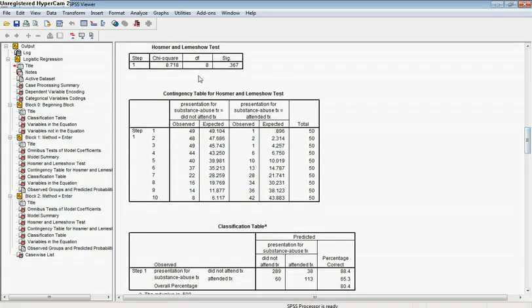Now we're getting into how to look at the goodness of fit of this model. This is the Hosmer and Lemeshow test, which is probably one of the most used goodness of fit tests for these kinds of models, although they do have their detracting points as well. What it basically does is divide up the probabilities in our data set.